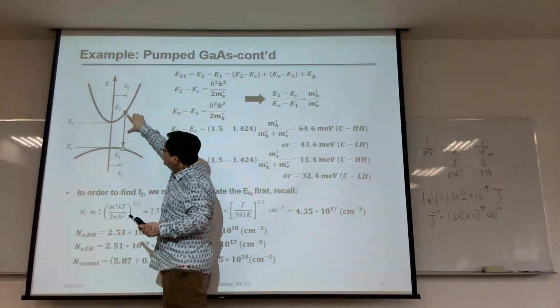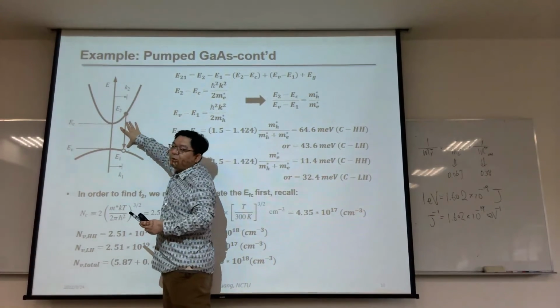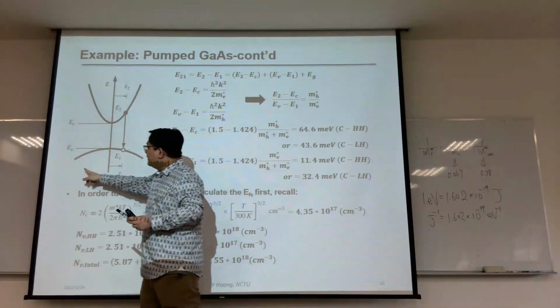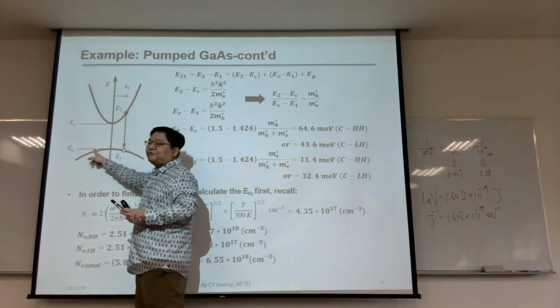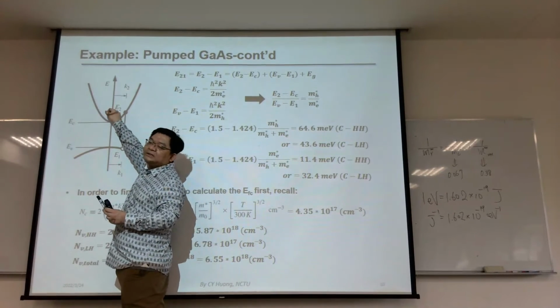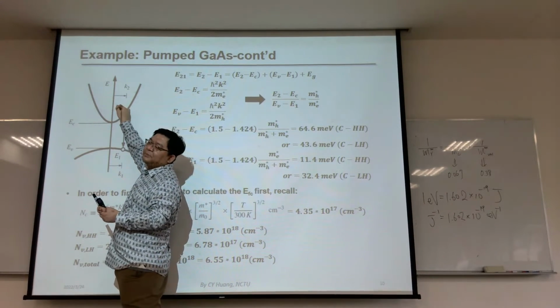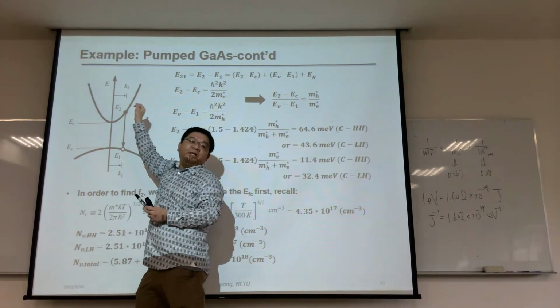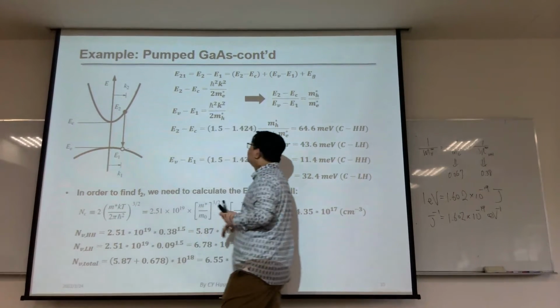Since the photon energy is fixed at 1.5 eV, but the light hole has a different curvature, you have to calculate the probability at a different energy level here.